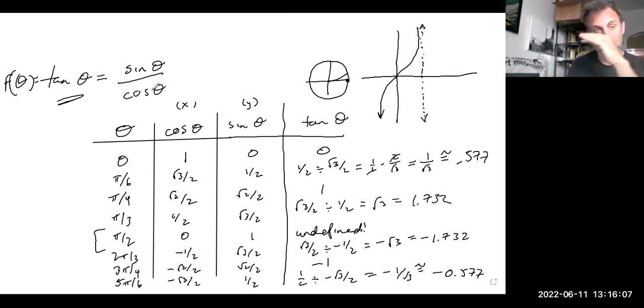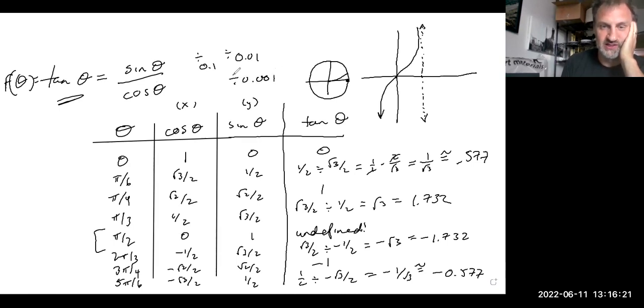When you divide by things that are closer and closer to zero, it ends up magnifying the numerator a lot.